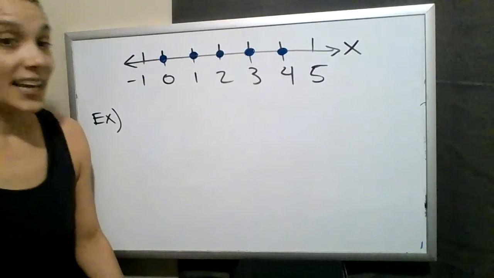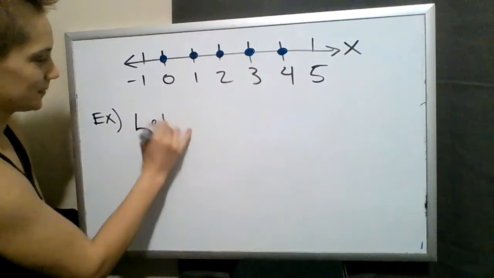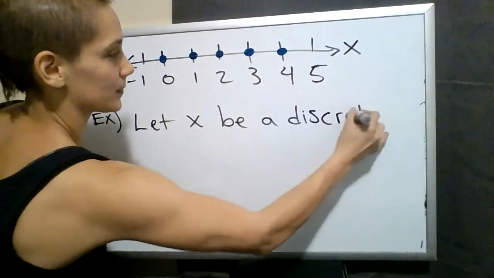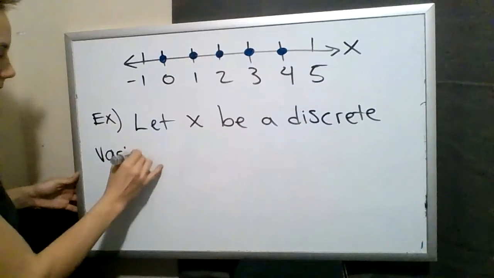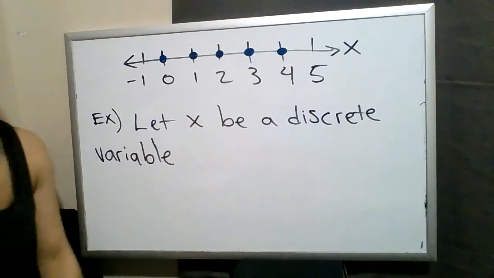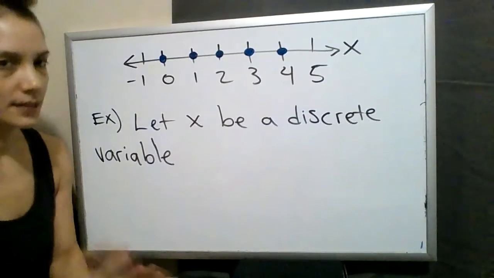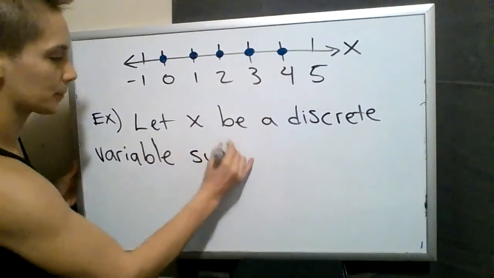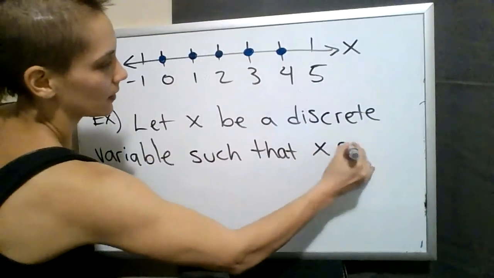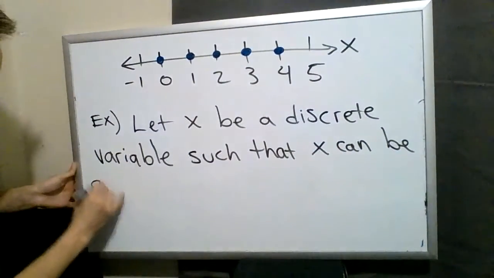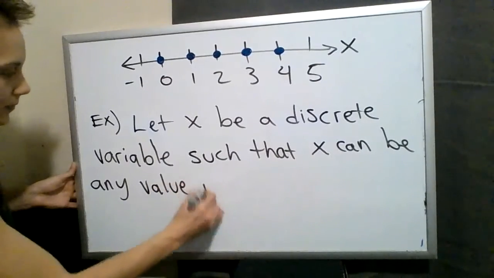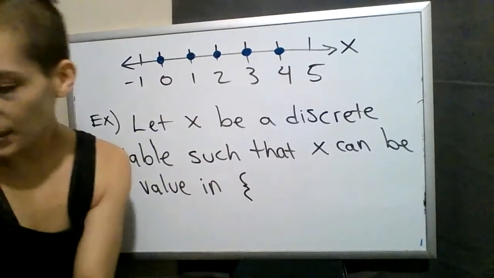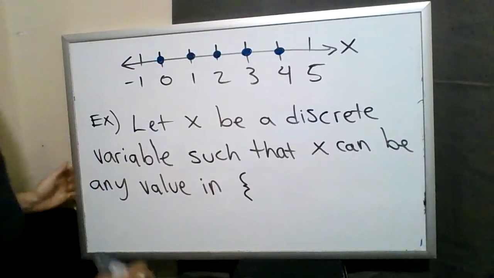Let x be a discrete variable such that x can be any value in the set that contains 2, 5, 8 and 9.